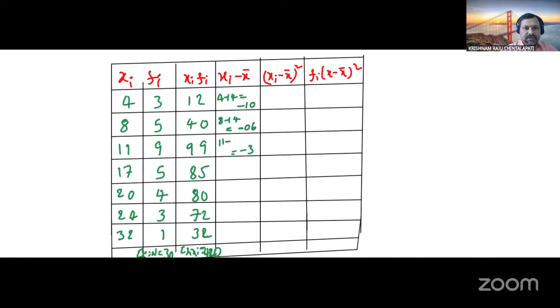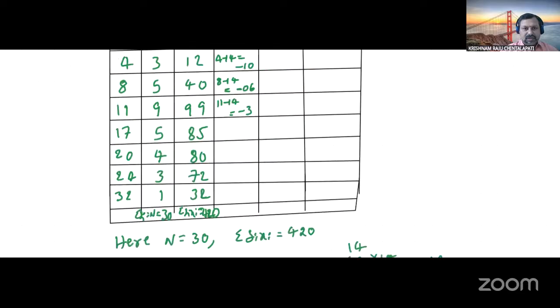Next, 17 minus 14 gives 3. 20 minus 14 gives 6. 24 minus 14 gives 10. 32 minus 14 gives 18.